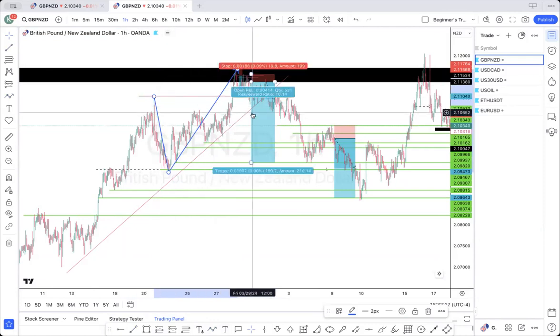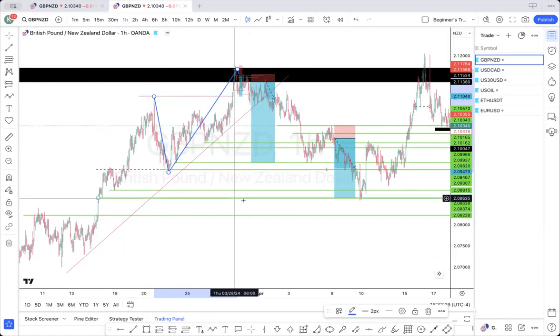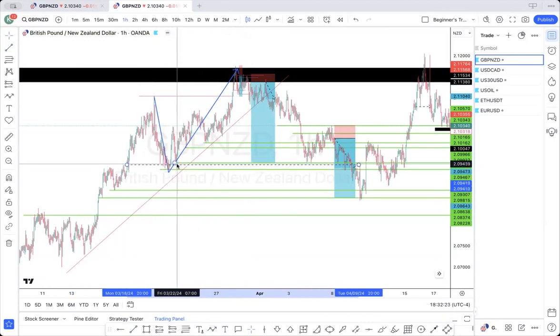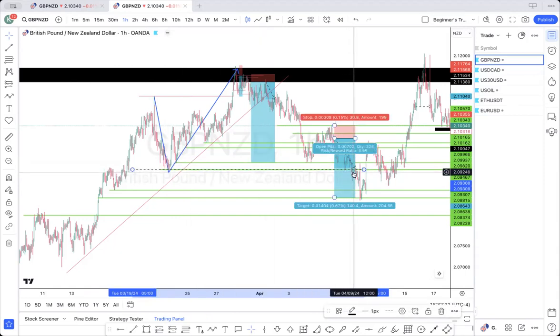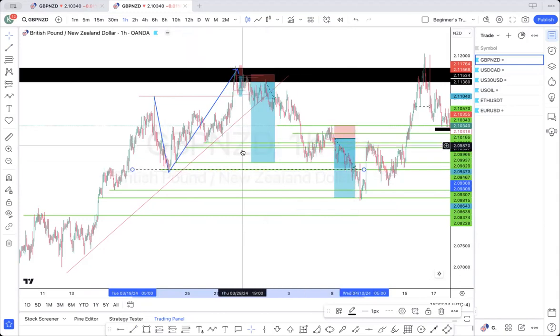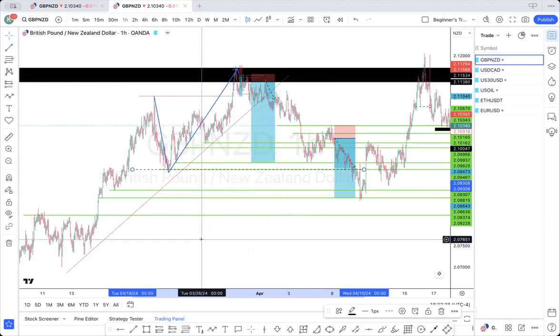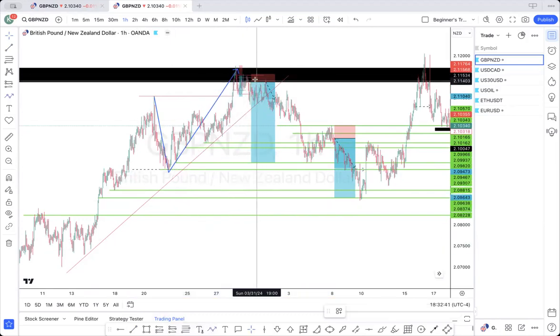So with that being said, this right here, and this is my little tool right here, this was the swing. Once you had this 1 hour major swing and then price pulled back.